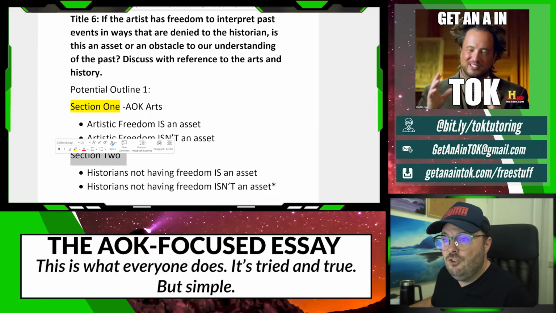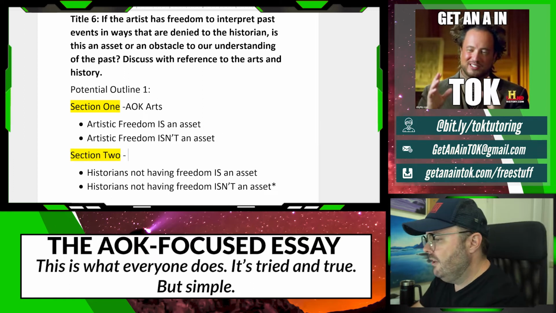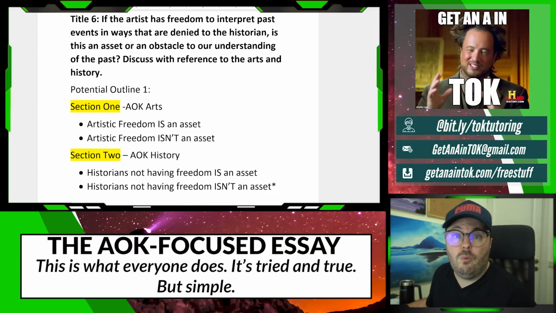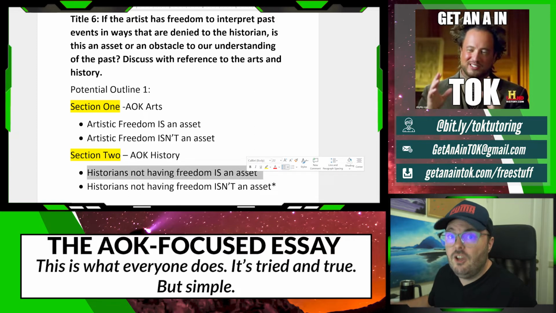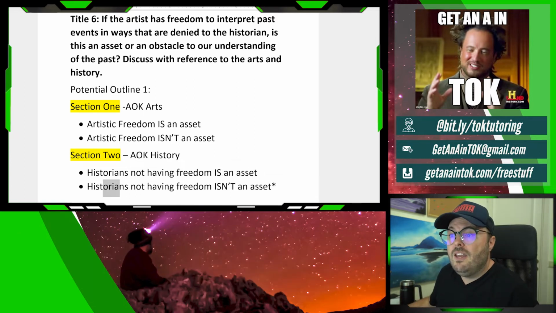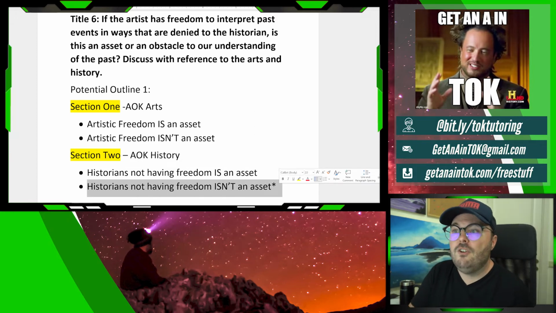And then in section 2, which could be about history, where it is being assumed by the title that historians don't have freedom, you might talk about how historians not having freedom is an asset to the understanding of the past. And then you would talk about how historians having freedom isn't an asset to understanding of the past.